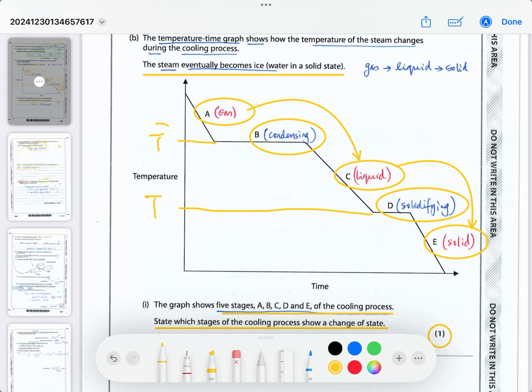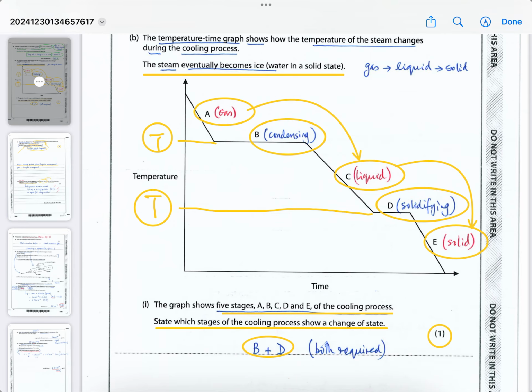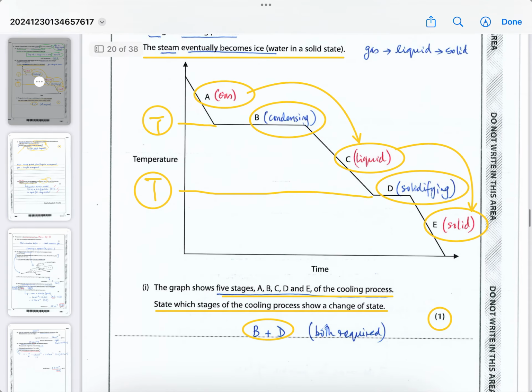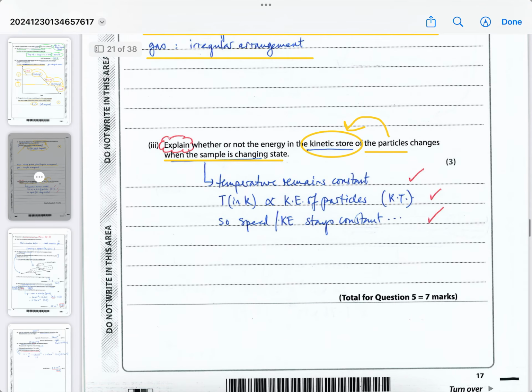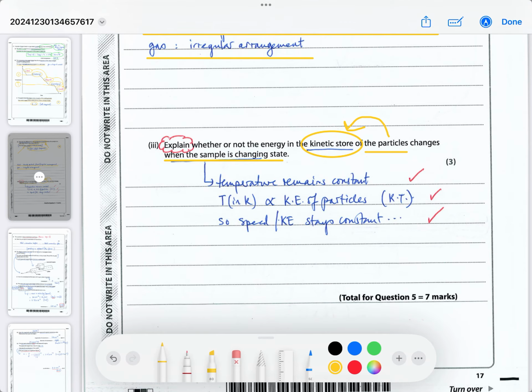We call this the boiling point, and we call this the freezing point, or the melting point. Okay? So you have 2 temperatures for every substance. They will have a melting point and a boiling point. So if the temperature is constant during a change of state, that should give you a clue as to what you need to include in your explanation.